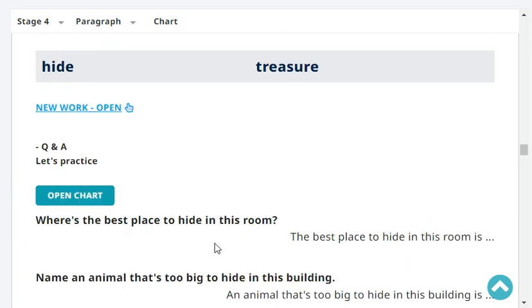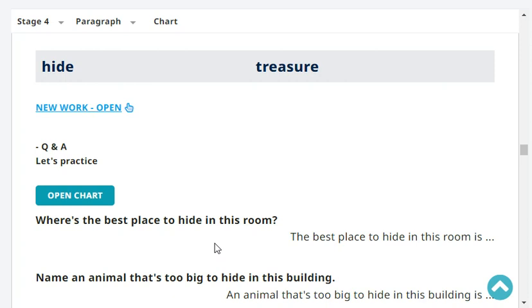Okay, next. Where's the best place to hide in your room? The best place to hide in my room is... Where is the best place to hide in your room?